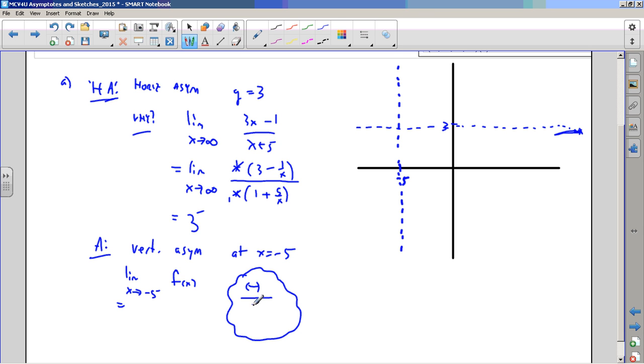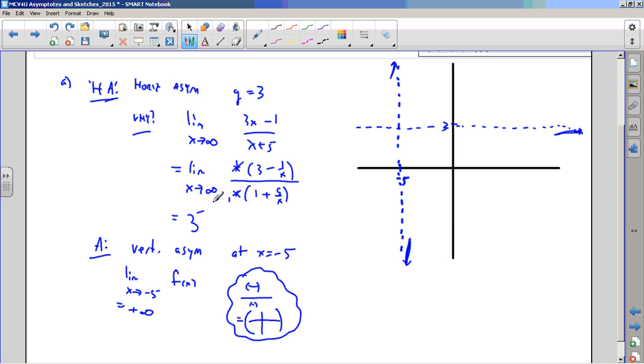So a negative divided by a teeny negative is a huge positive. Therefore, this limit is positive infinity. That means on the left side, it's going to go up like this. And convince yourself that a similar calculation gets the behavior on the right of the vertical asymptote to go low like that.